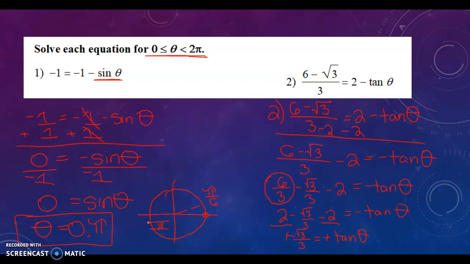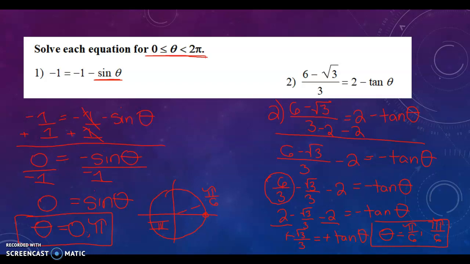So not only is my answer going to be pi over 6, so theta equals pi over 6, but in quadrant 3, I'm also going to have 7 pi over 6 as part of my solution. And so my answer for this one is going to be pi over 6 and 7 pi over 6.